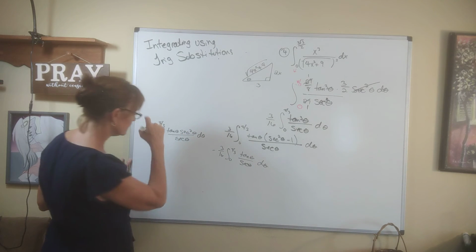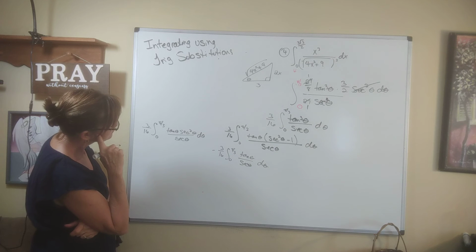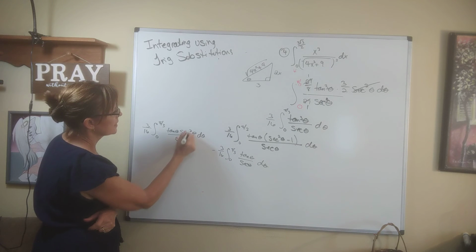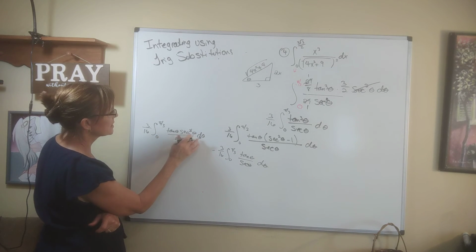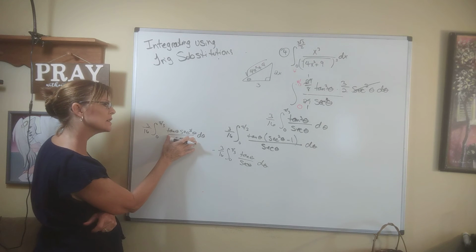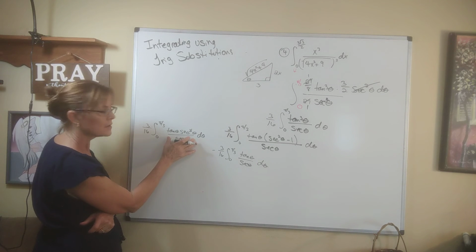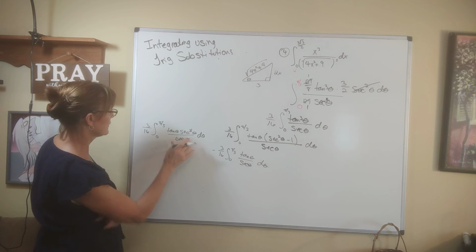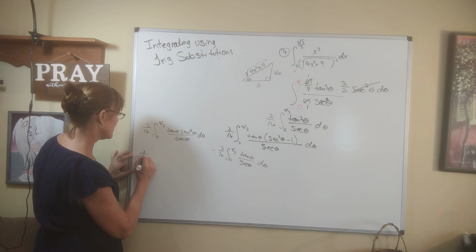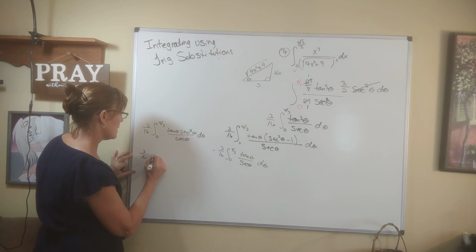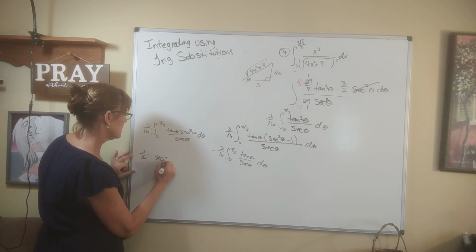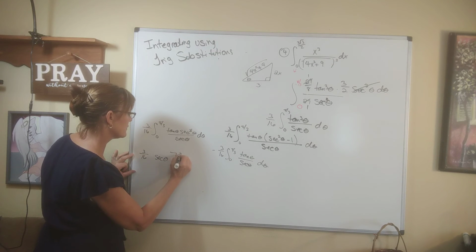Let's see what happens here. I can take out one of these. So this is really tangent secant. Oh, I recognize that. This is the derivative of secant. So I can take this guy's antiderivative. This is 3 over 16 secant theta, 0 to pi over 3.